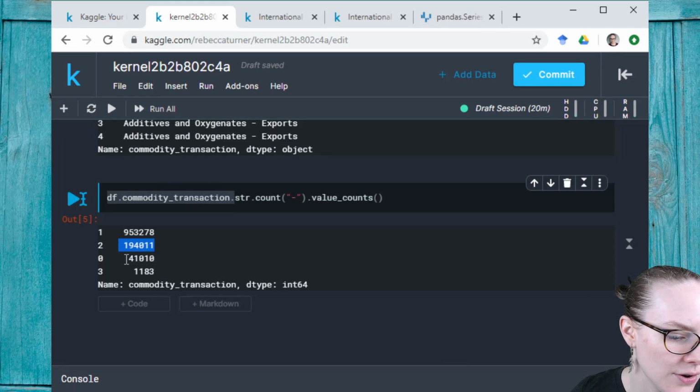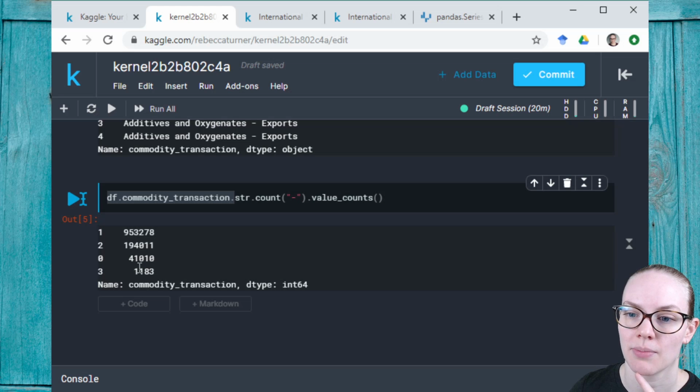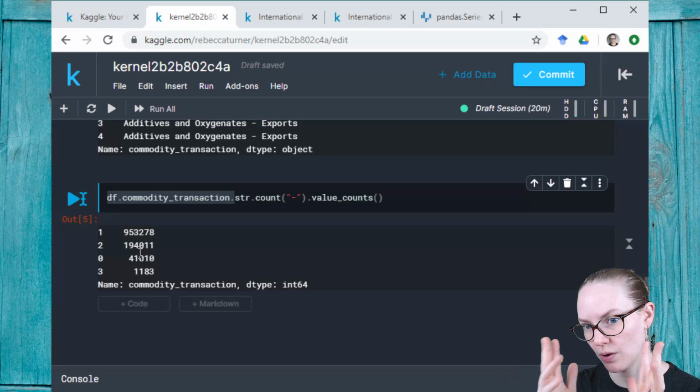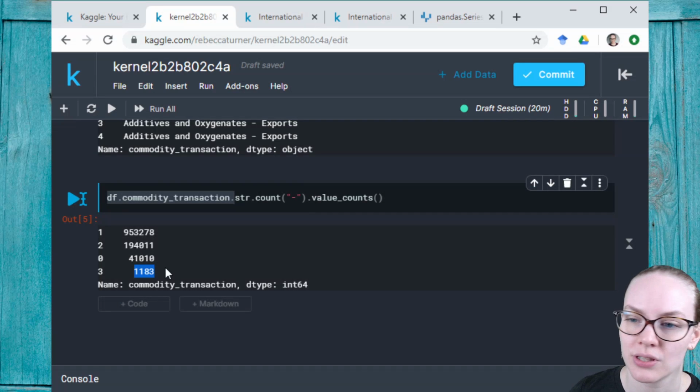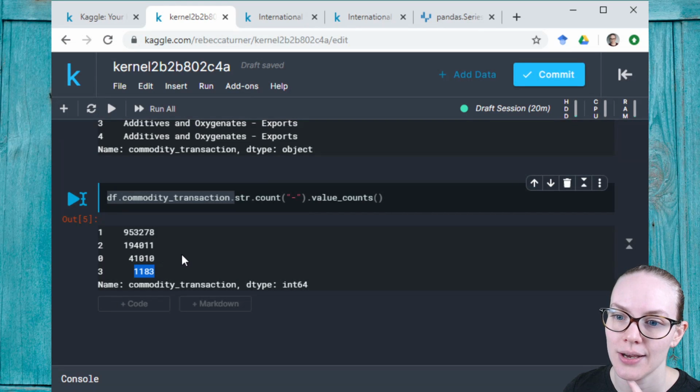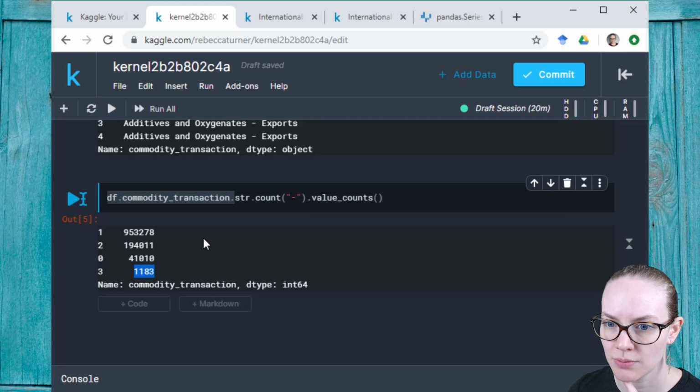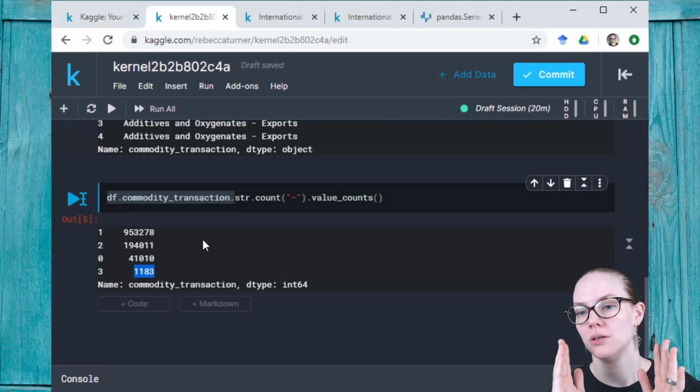Okay, so also about 41,000 of them have zero, so no dash, so it's just one thing, and it doesn't say whether it's an export, an import, or whatever. And then about 1,000 have three dashes. So the maximum number of columns that we would need in order to capture all of this information would be four.